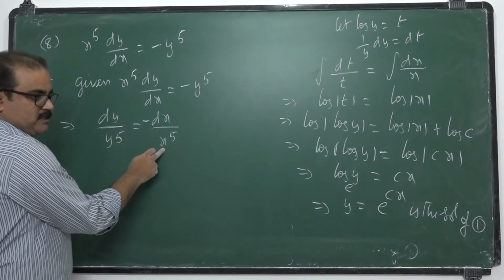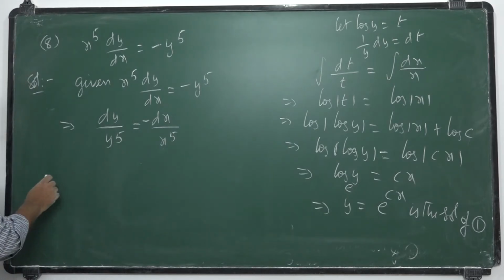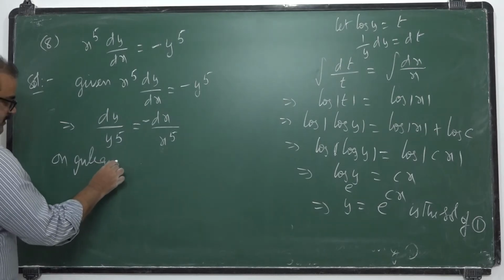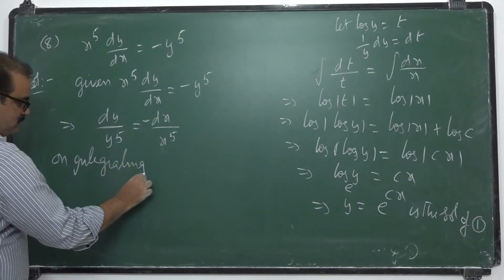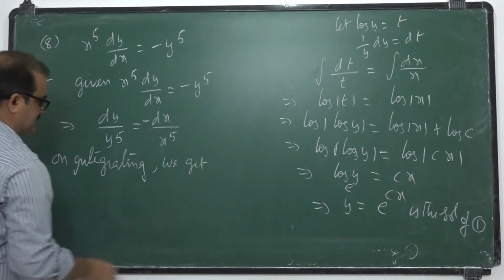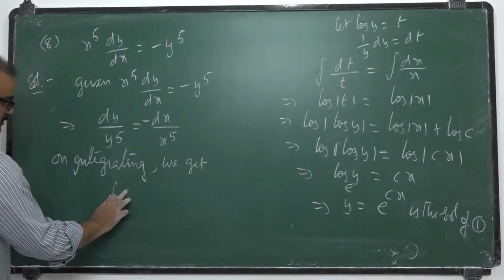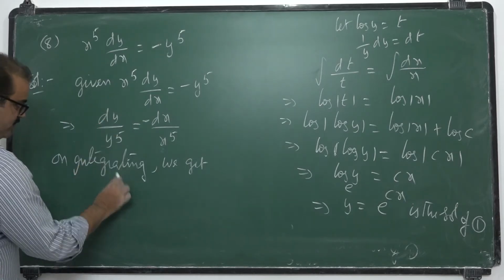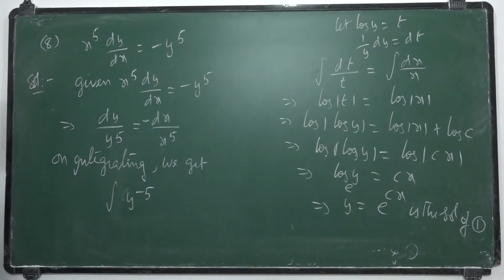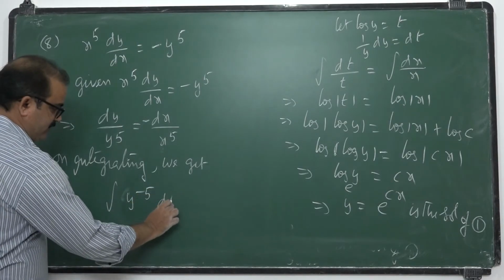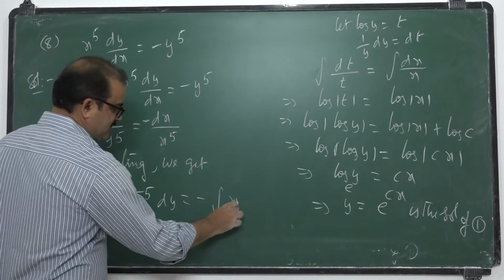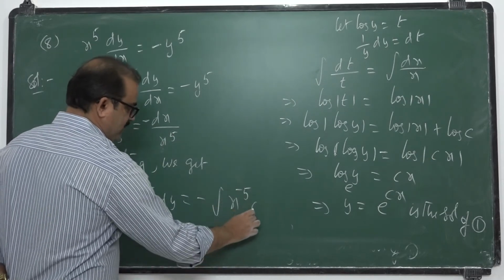Once the variables are separated, now integrate. On integrating, we get integral y power minus 5 into dy, 1 by y power 5 is taken as y power minus 5, is equal to minus integral x power minus 5 into dx, 1 by x power 5 taken as x power minus 5.